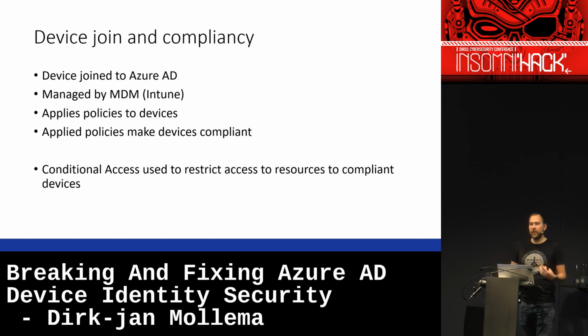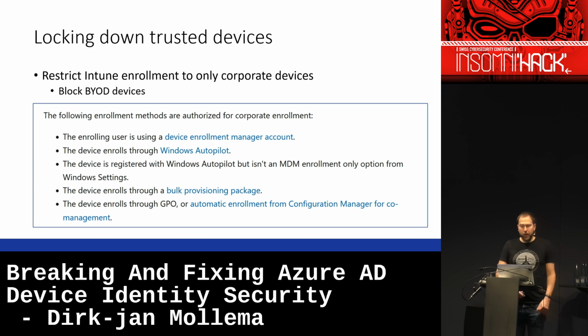So it manages the settings and all the configuration of the devices, and by applying the policies and checking if the settings are all correct, the device becomes compliant. And then people use conditional access policies to basically restrict access to resources such as SharePoint to only corporate compliant devices.